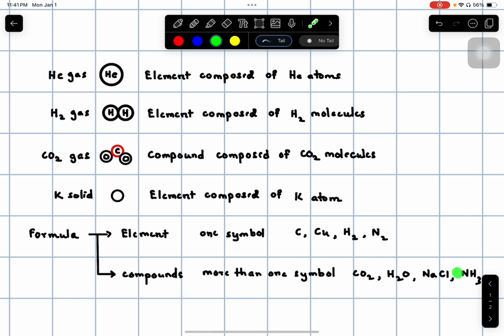For ammonia, there's nitrogen and hydrogen. If there's more than one symbol, that substance would be a compound. Notice here that although we have H2 and N2, they are still one symbol only. That's why they will be elements.